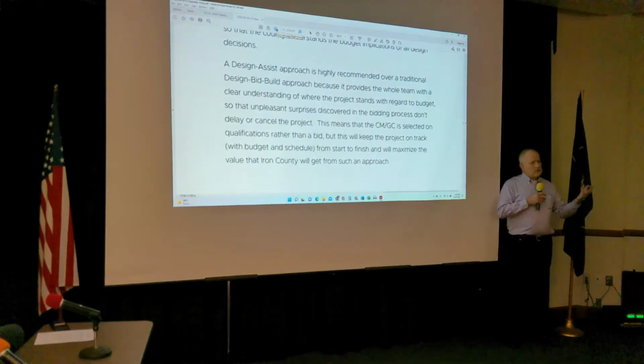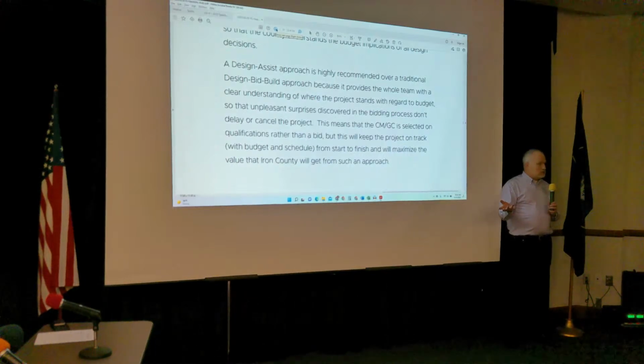But it's very important that we go through this process, because then it maximizes the value to the county at the end, that you get the jail that maximizes the budget you're able to spend on the jail. Jails are not traditionally money makers, but you don't want to be building them every 10 or 15 years either. This is really meant to be a 30 to 50 year facility. So we want to get it right.